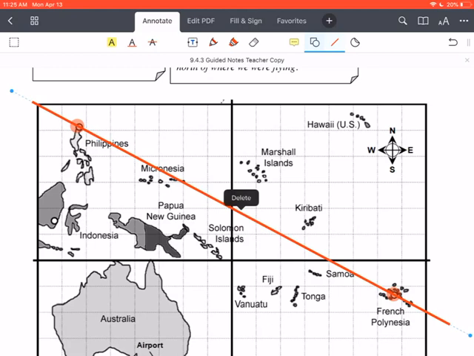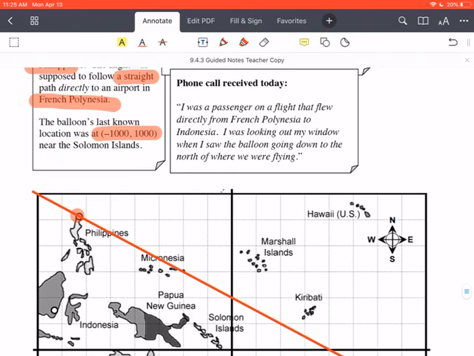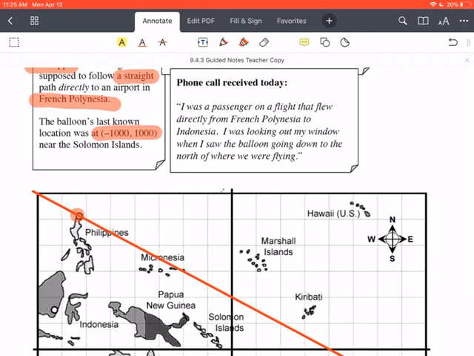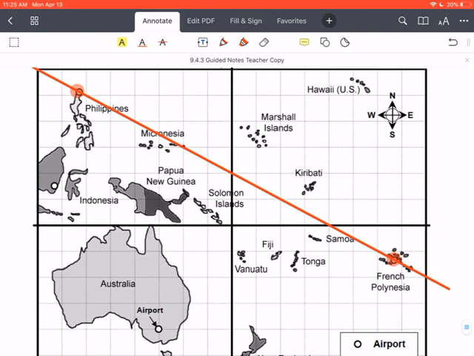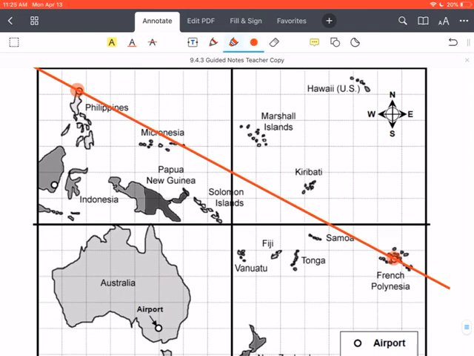And then we have to use, you can't ignore any information, the fact that the balloon was last seen at negative 1,000 kilometers, 1,000 kilometers. If you notice, we have our scale down in the bottom right corner. So if we go on our graph to negative 1,000, 1,000, that puts the balloon at the Solomon Islands.